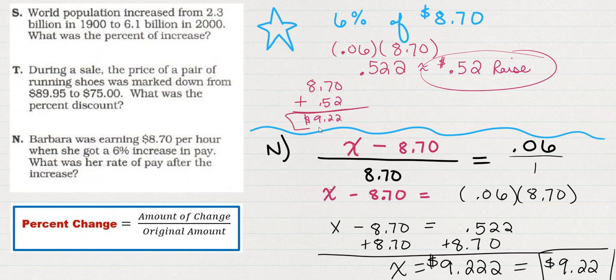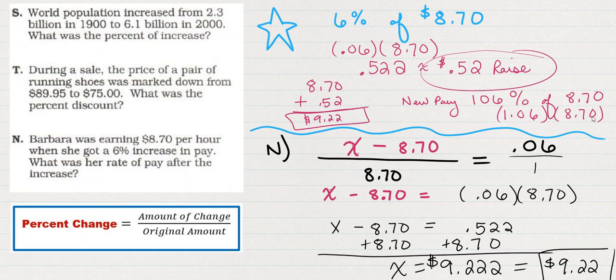Could I show you one other way? This is what I would say is the best way, the one step. Instead of multiplying by 6%, if I recognize that the new pay is going to be 100% of her old pay plus 6% of her old pay, so a total of 106% of 8.70, try that and you'll see that you get the answer just from that one step.